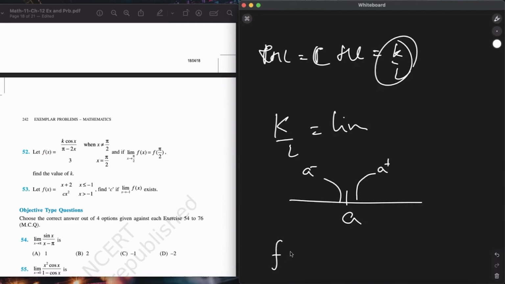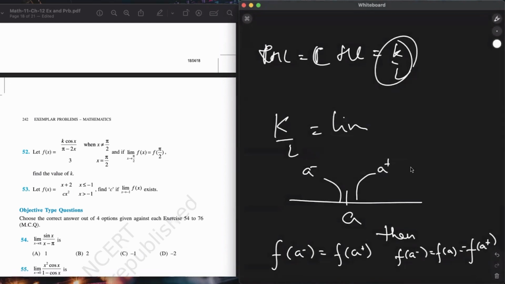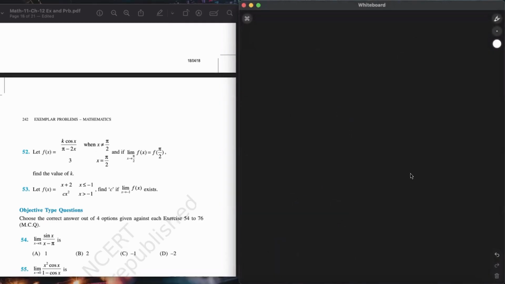So f(a minus) equals f(a) equals f(a plus). So we have found the value k by 2 for x minus and x plus. Now simply we have to find the value at that point itself, so we'll just put in that value.